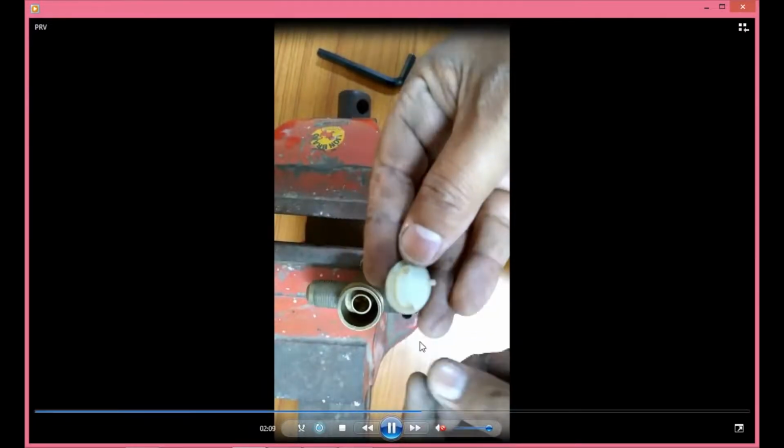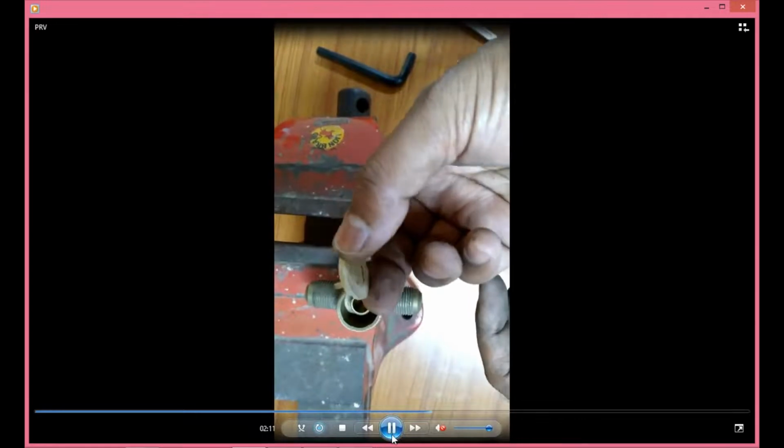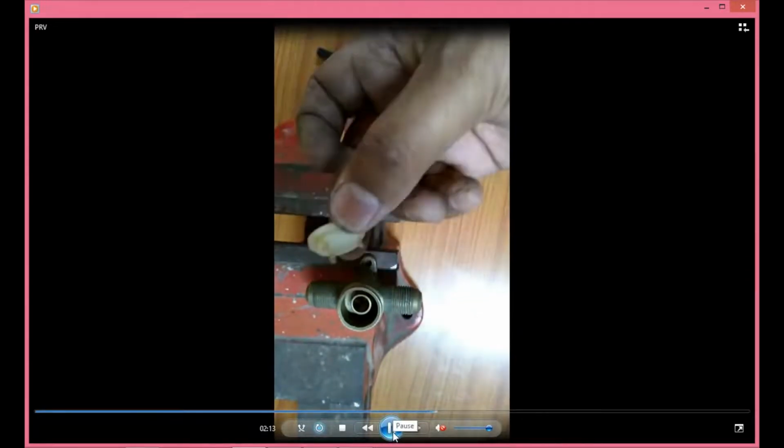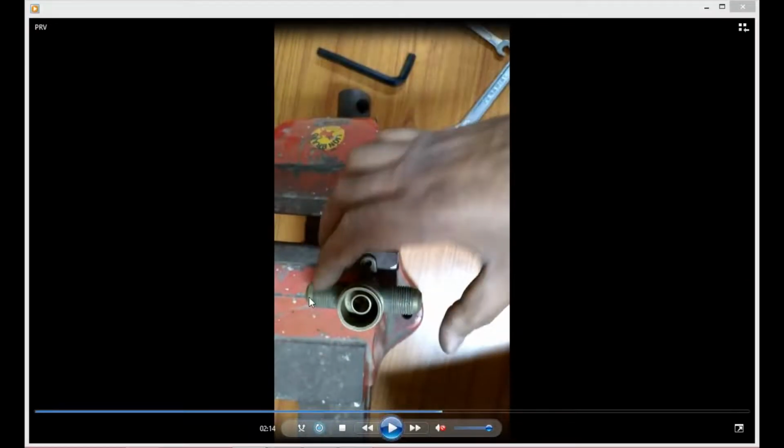Then here I take this top. Suppose this is the input for this pressure valve. There is one hole present, which is also called the input hole. Above this input hole the valve seat is present and the pressure is applied.